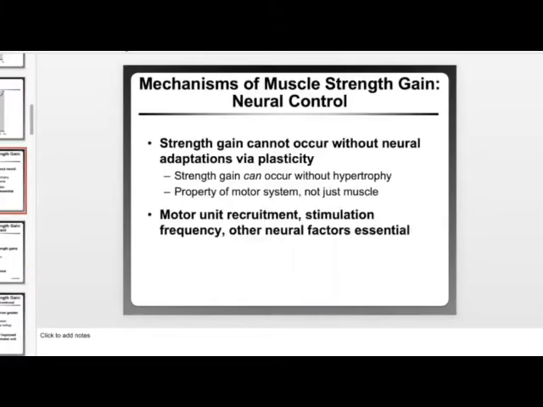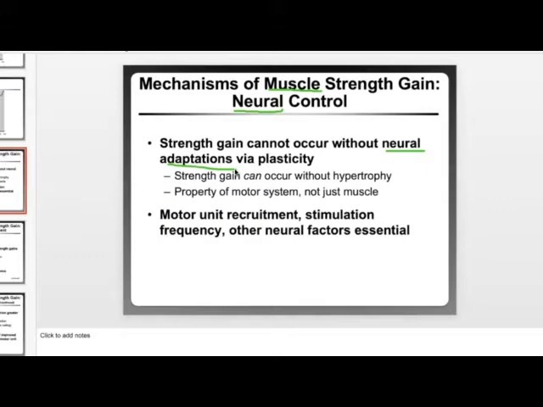All right, so how are those strength gains increasing? Well, remember, it's the neural muscular system. So some of the increases in strength are going to be because of the neurons and some because of the muscle. So the chapter talks about your neural adaptations first.